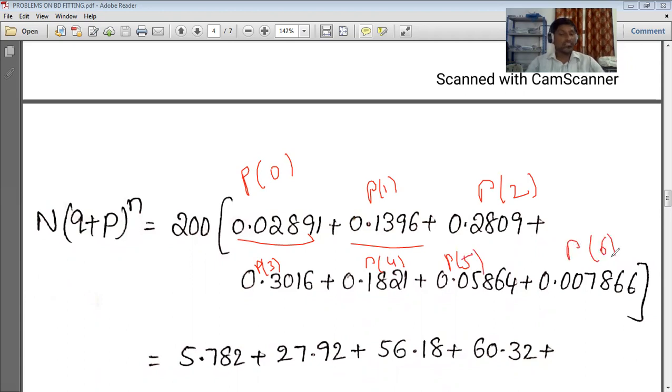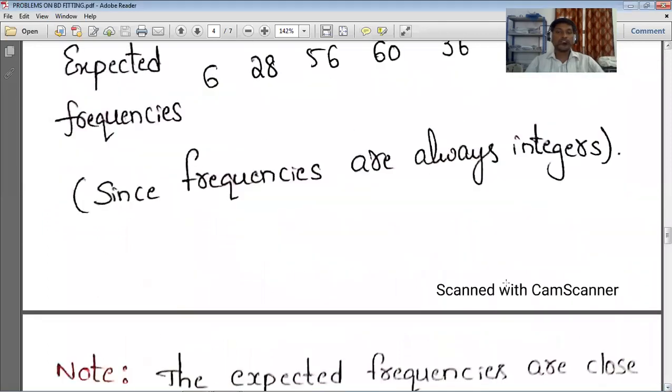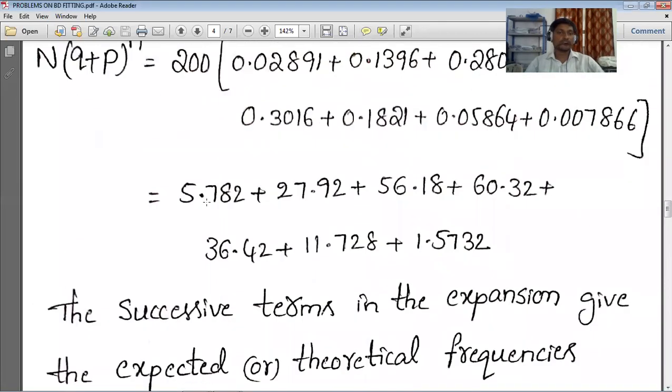You can calculate separately or write like this: P of 0, P of 1, P of 2, P of 3, P of 4, P of 5 and P of 6. Next we are multiplying each value with 200. By multiplying we got these values. So capital N into this one. After multiplying with 200, we got all these values: 5.782, 57.92, 56.18.